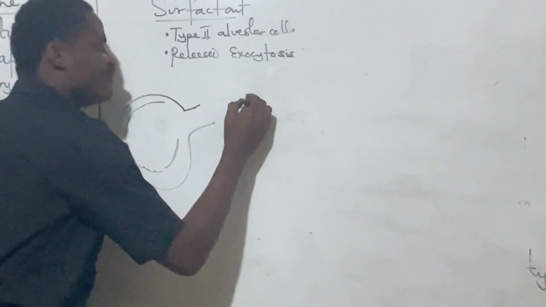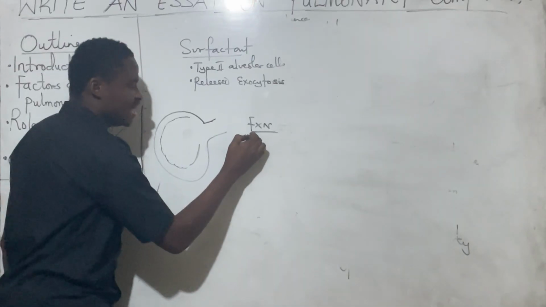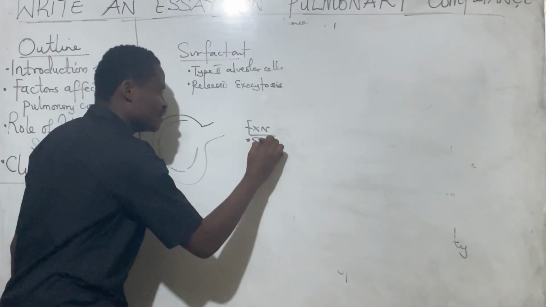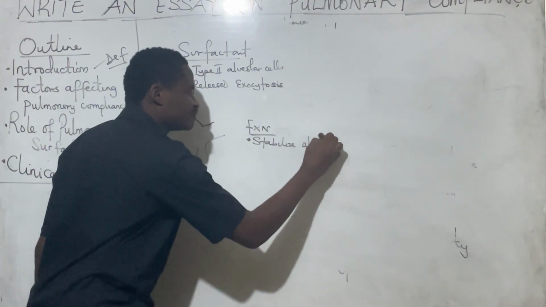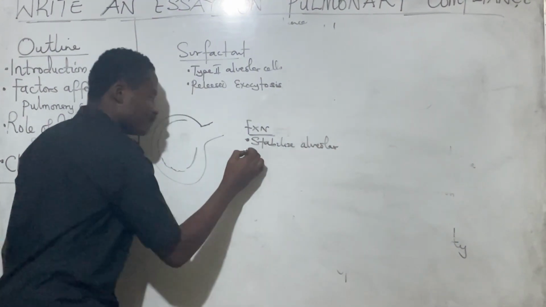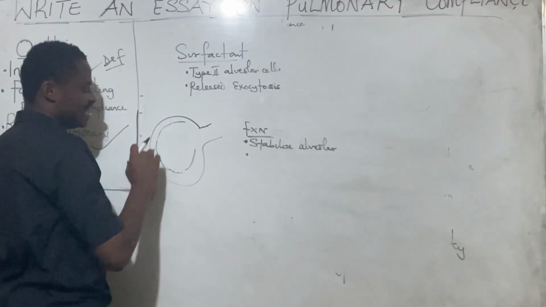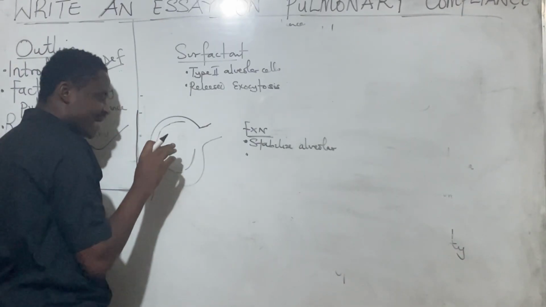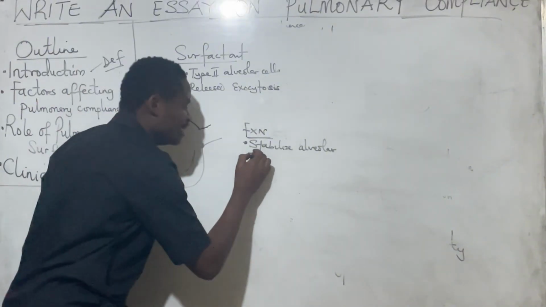So what are the functions or the role of surfactant? Number one, surfactant stabilizes the alveoli. Number two, surfactant has the ability to increase the alveolar radius.